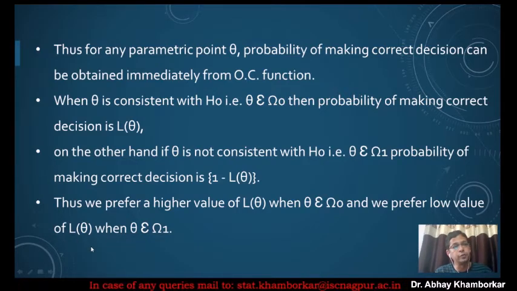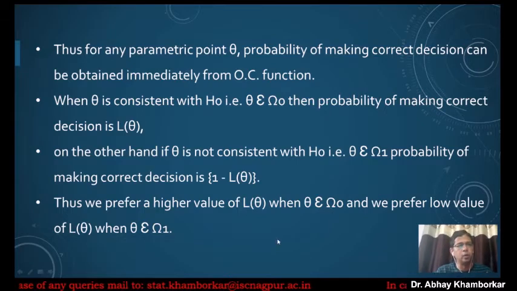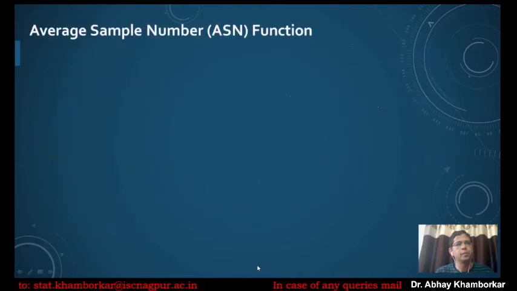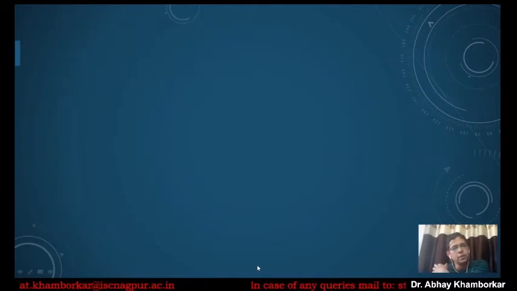That means we prefer high value of 1 minus L theta, right? So higher value of L theta हम तब prefer करेंगे जब theta belongs to omega naught है, and lower value हम तब prefer करेंगे when alternative hypothesis is true, right? In other words, 1 minus L of theta की higher values को हम लोग prefer करेंगे. So that is nothing but, you know, the OC function.